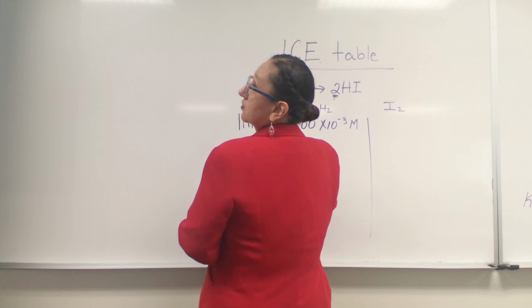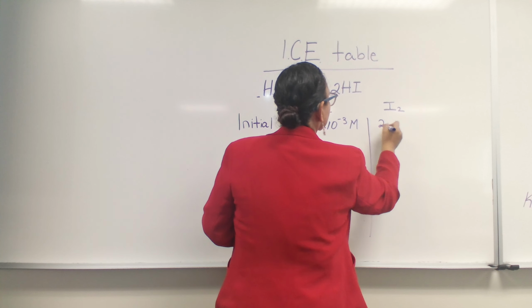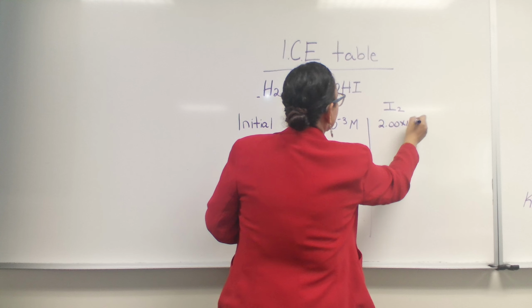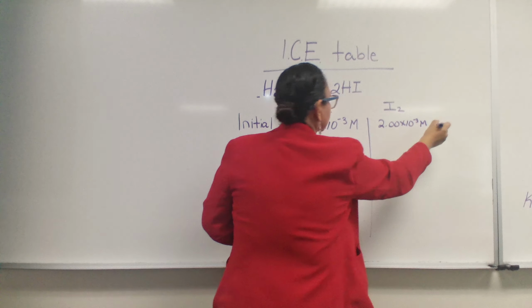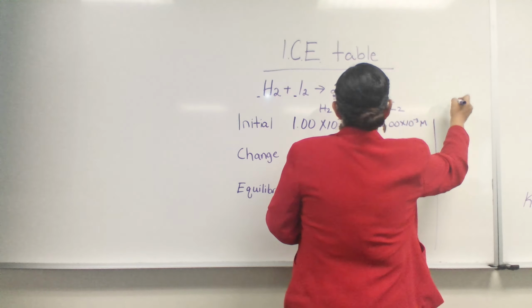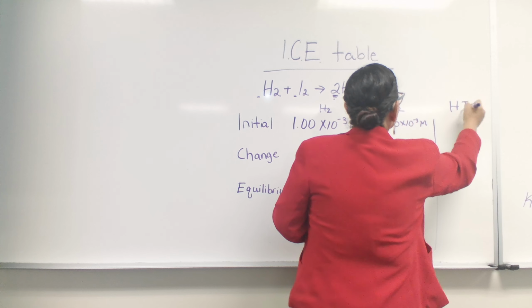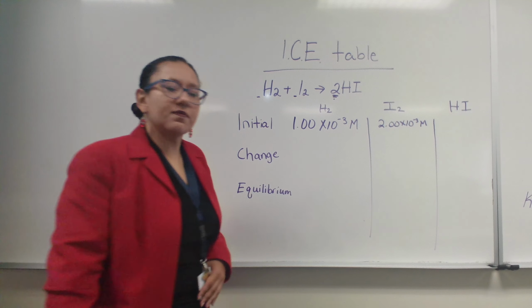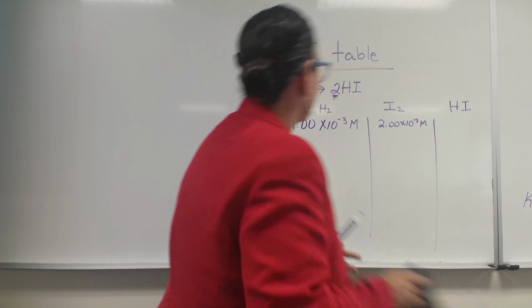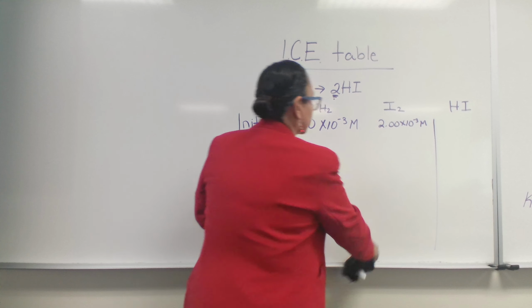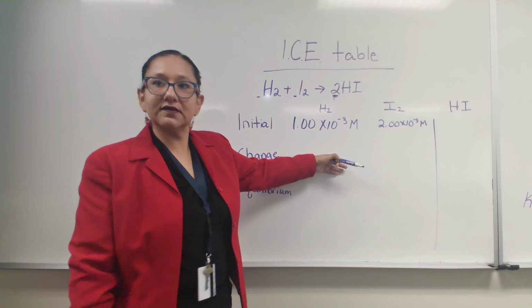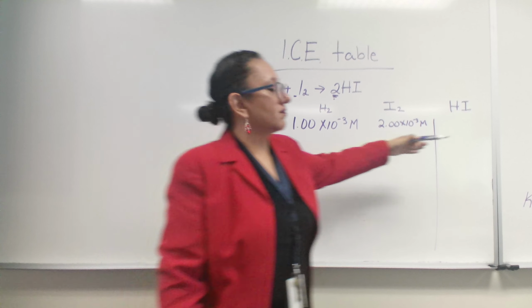My I2 was 2 times 10 to the negative third molar. What about my HI? So here I have my reactants, and here's my product.